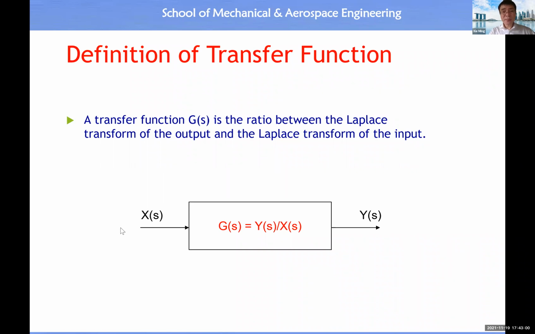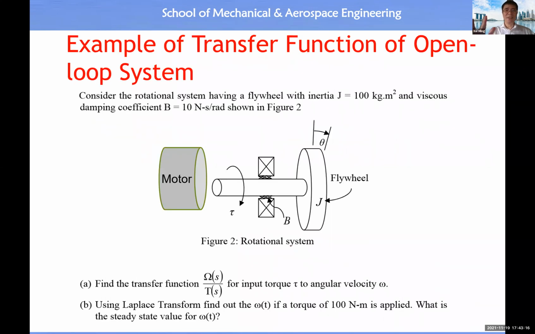Based on this result, the sub-benefit will be the graphic display of the inner structure of a control system based on use of a transfer function. Before we look at the definition of a block diagram, let's take a look at the application of a transfer function to the motor.